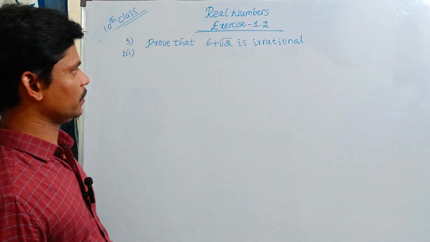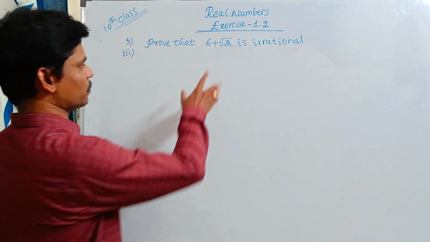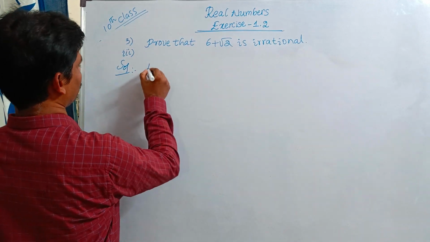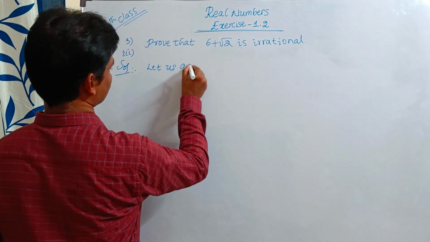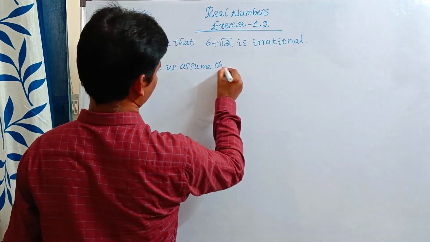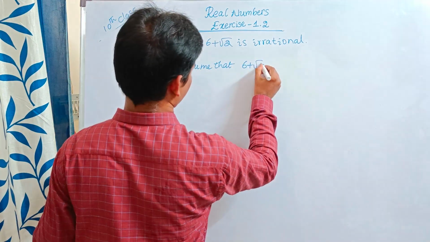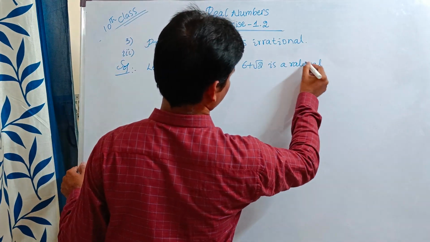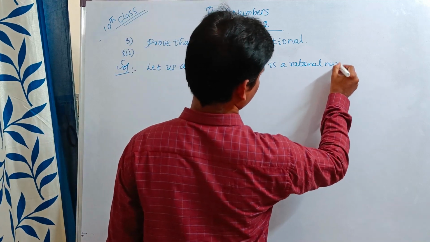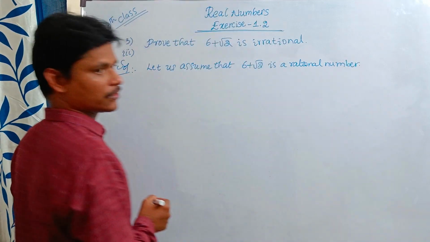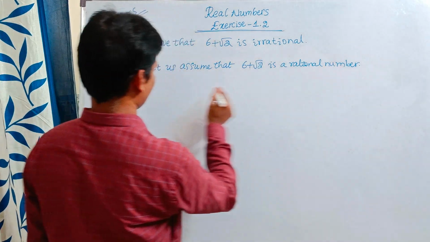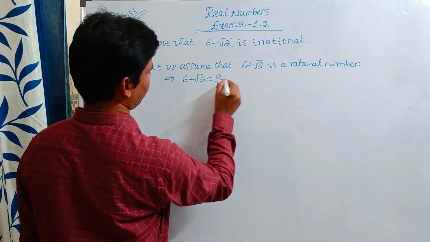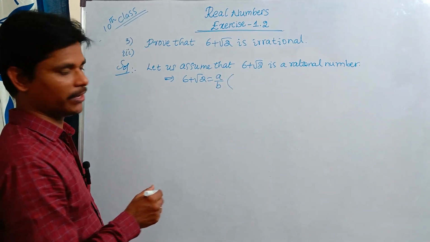See here. First, let us assume that 6 plus root 2 is rational. Let us assume that 6 plus root 2 is a rational number. So rational numbers means what? 6 plus root 2 is equal to a by b, which is the form of p by q.